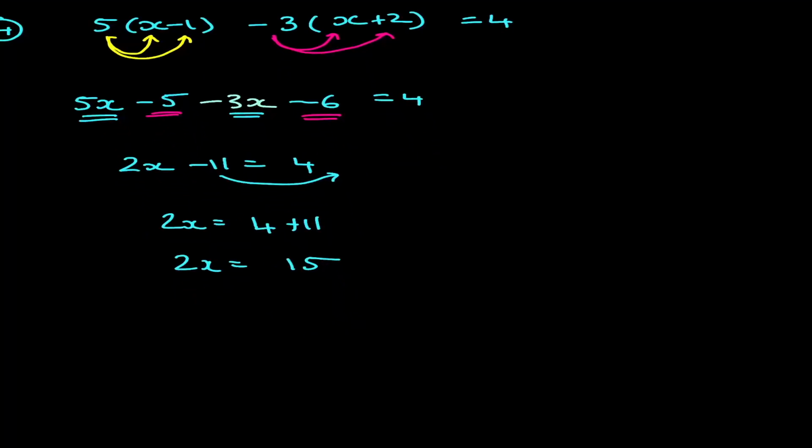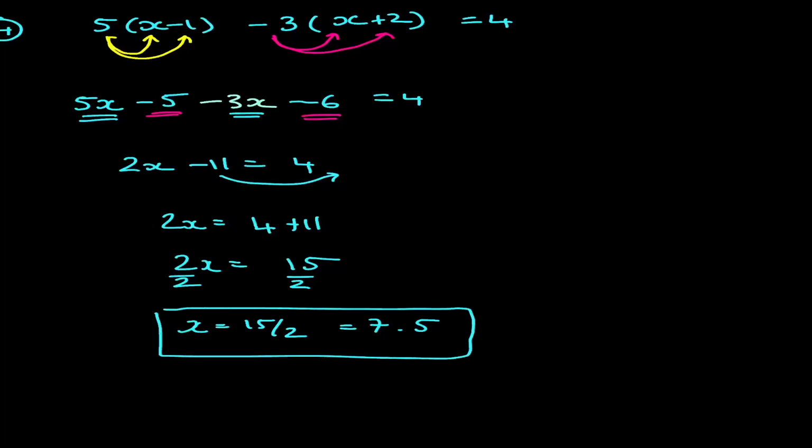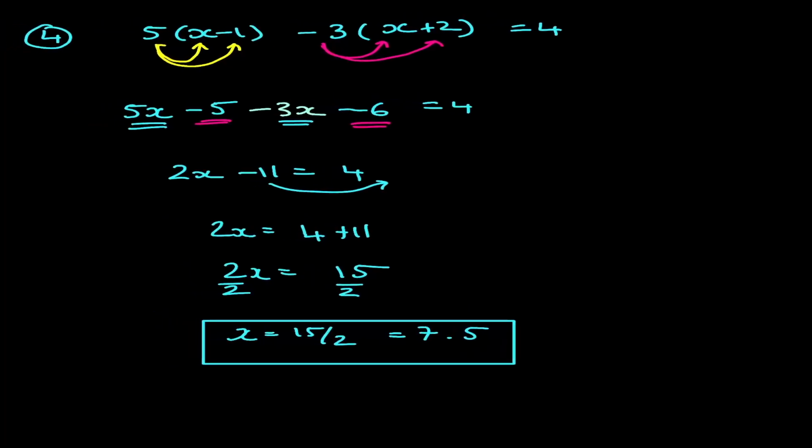And then your final step, get rid of the 2, divide both sides by 2. So x is 15 on 2, or 7.5. So that one hopefully wasn't that bad. You just expand the brackets, collect like terms, and then rearrange.